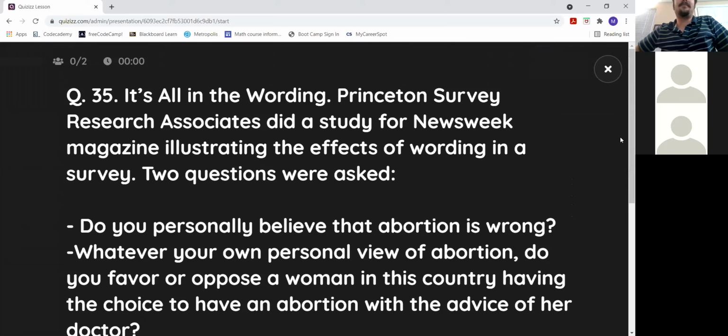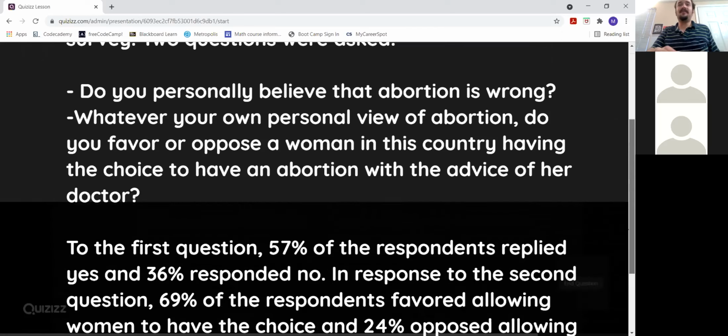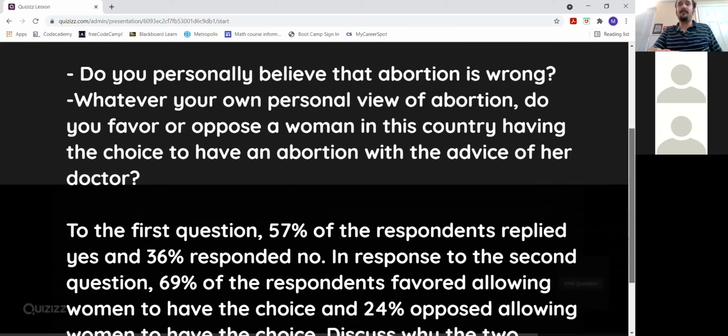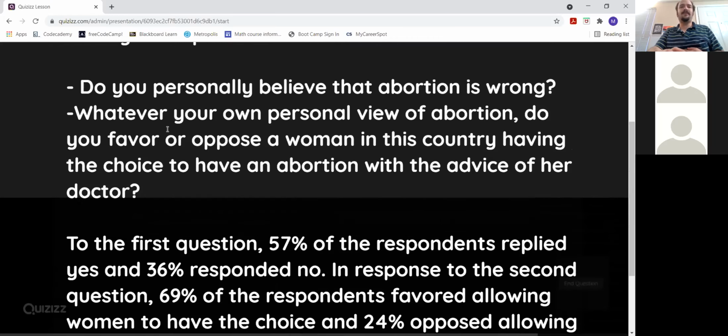Princeton Survey Research Associates did a study for Newsweek magazine illustrating the effects of wording in a survey. Two questions were asked. Do you personally believe that abortion is wrong? And whatever your own personal view of abortion, do you favor or oppose a woman in this country having the choice to have an abortion with the advice of her doctor?